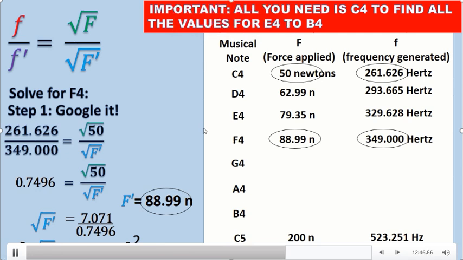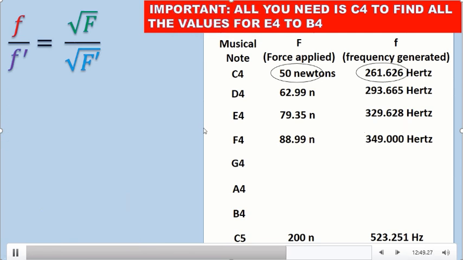Same process goes with G4. We Google it, substitute values, then solve for F, giving us 101.08 newtons.